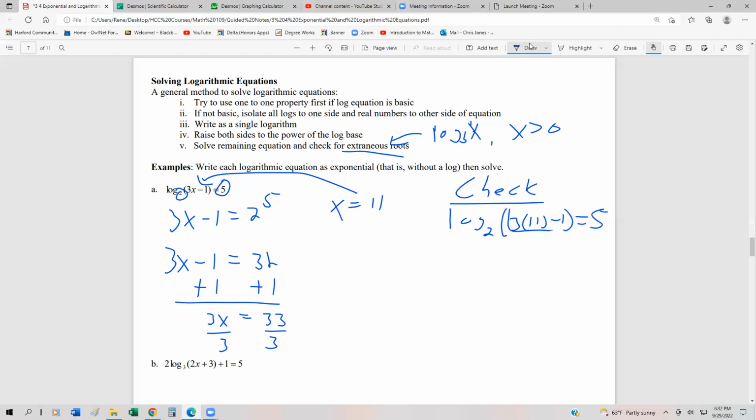And really what we're looking for was just making sure that whatever's inside the log is greater than 0. We know 3 times 11 minus 1 is 32, which is greater than 0. So that's good because there is no domain restriction. All right, so that one looks like it's going to be our solution for us.